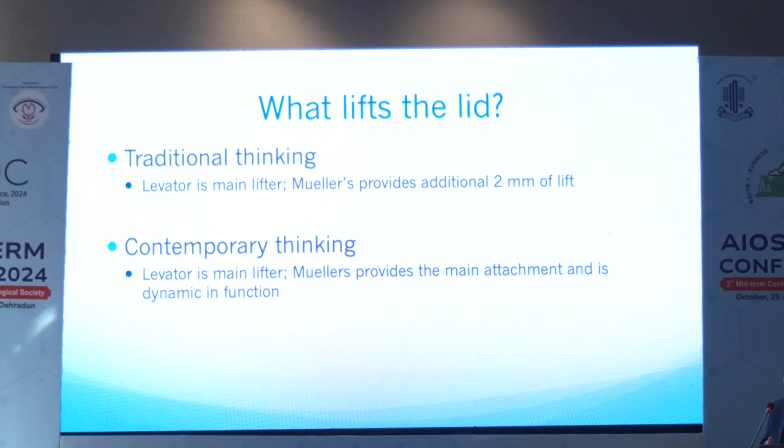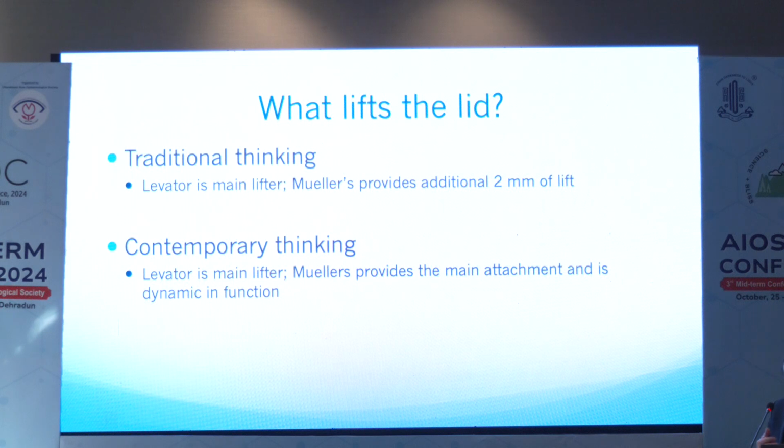We're always taught, well, the levator inserts on the tarsus, and that is the main attachment. But I think if you look at this broad attachment from Mueller's muscle, it's more of a dynamic, changing tension band that adjusts based on our emotions and how our sympathetic innervation innervates the eyelid.